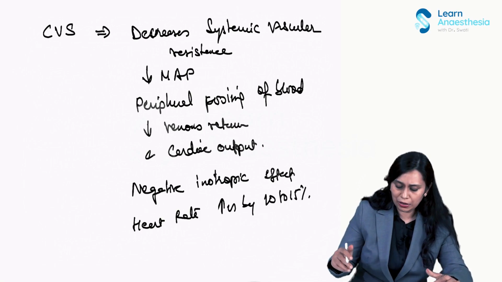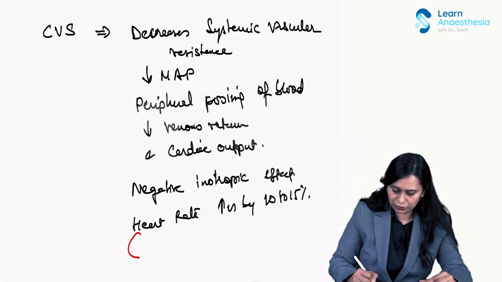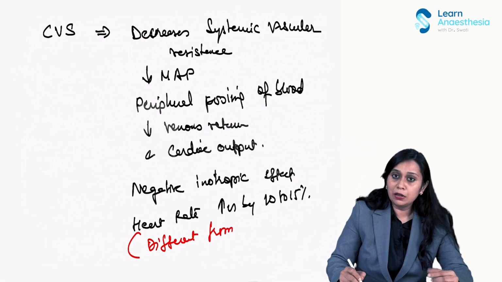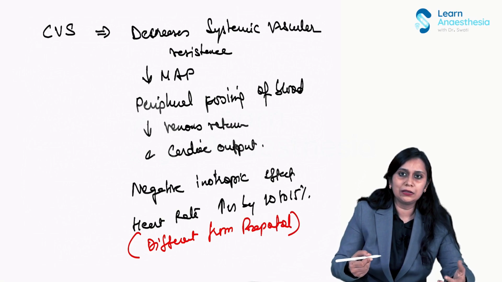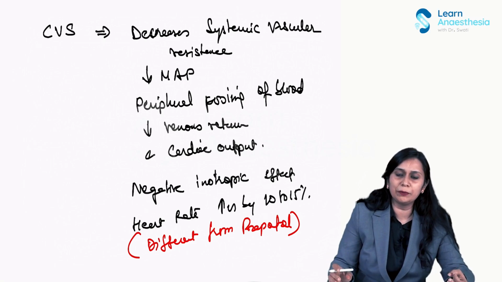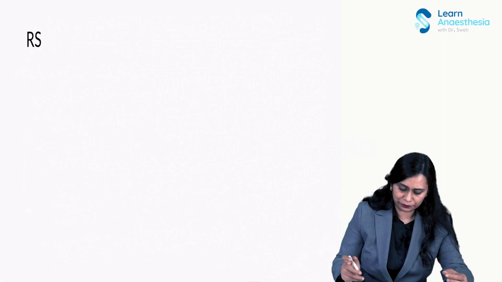It does not blunt reflex sympathetic tachycardia like propofol. So here it is different from the cardiovascular instability of propofol. Propofol causes bradycardia. Thiopentone does not inhibit the reflex sympathetic tachycardia, so it causes tachycardia.